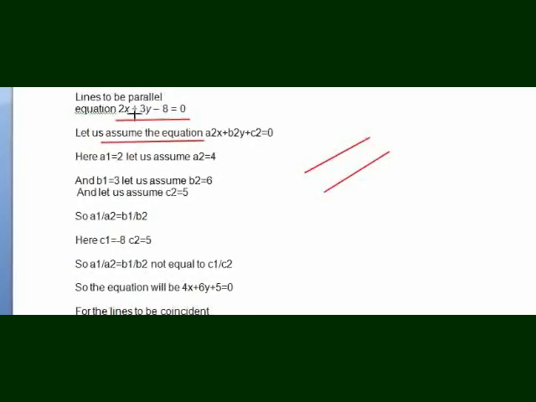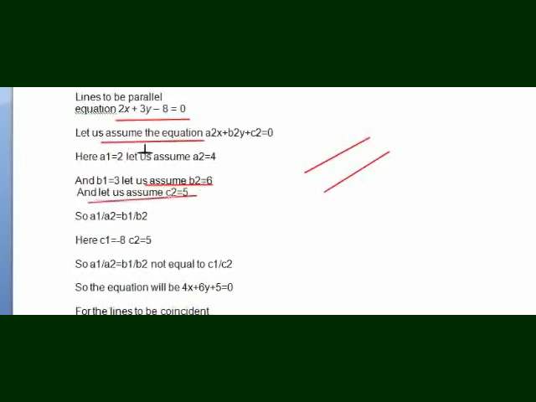And if b1 is equal to 3 and we assume b2 is equal to 6, then b1 by b2 is 3 by 6, that is 1 by 2. So a1 by a2 is half and b1 by b2 is also half. We can conclude that a1 by a2 is equal to b1 by b2, and let us assume c2 as 5.